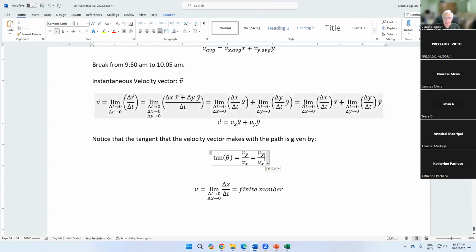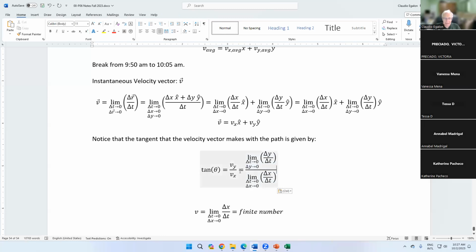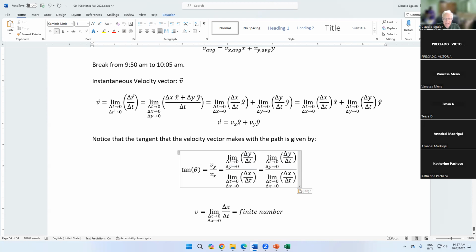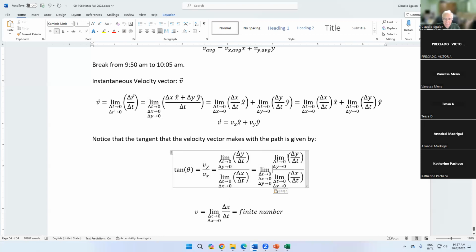What's Vy over Vx? Is this limit here? This limit of one over the other, right? And look what happens to this limit. This limit can be rewritten in a different way.